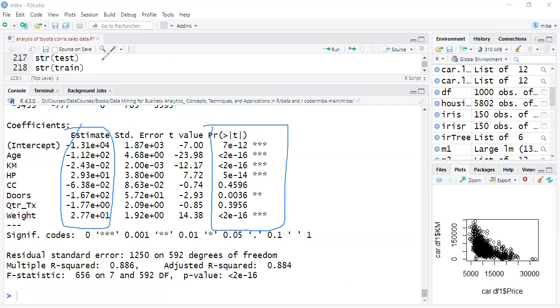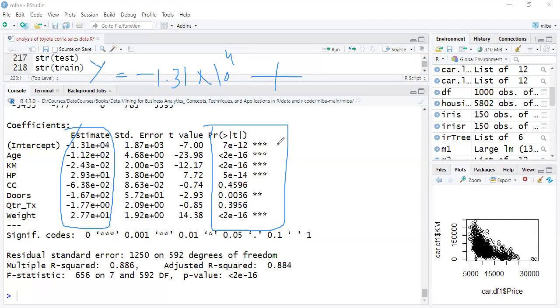The model will be written as y equals minus 1.31 times 10 raised to the power 4, this is the y-intercept, plus minus 1.12 times age, minus 2.43 times 10 raised to the power minus 2 times kilometer, and so on. So you can write down the model by looking at these estimates.